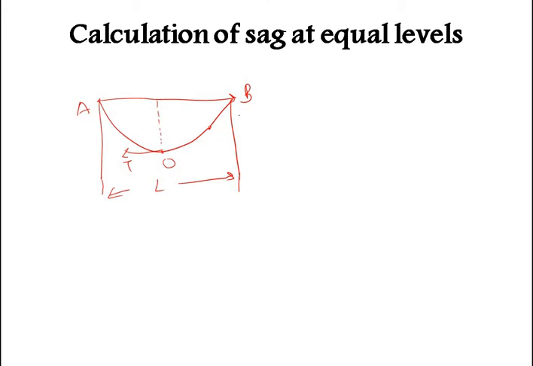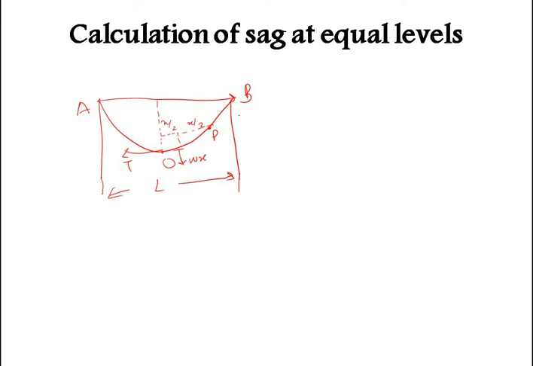Now we will take a point P to calculate the sag. This is Wx, that is the weight of the conductor, and x is the distance. So this will be x by 2 and x by 2.